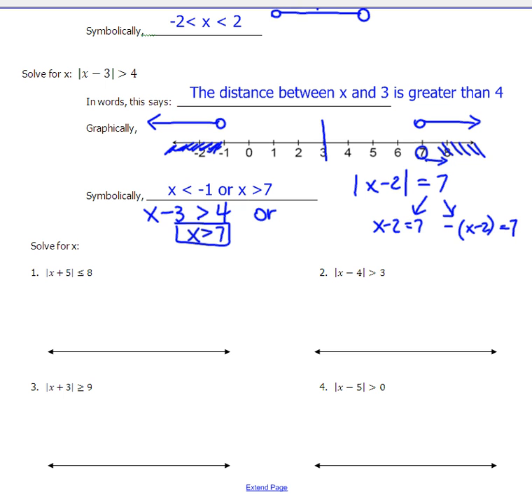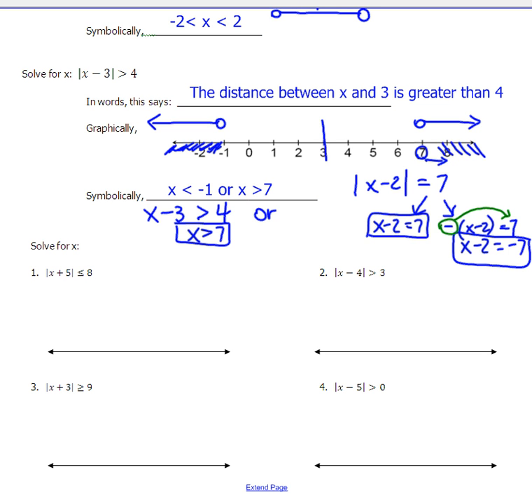Our shortcut was to say either x minus 2 equals 7 here or x minus 2 equals -7 here. The reason we could do that was because we were just taking this negative and moving it to the other side by multiplying both sides by -1.